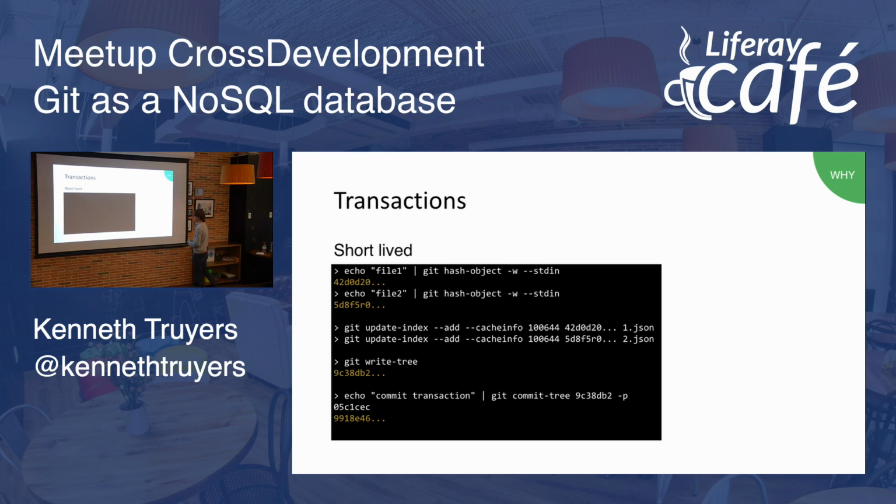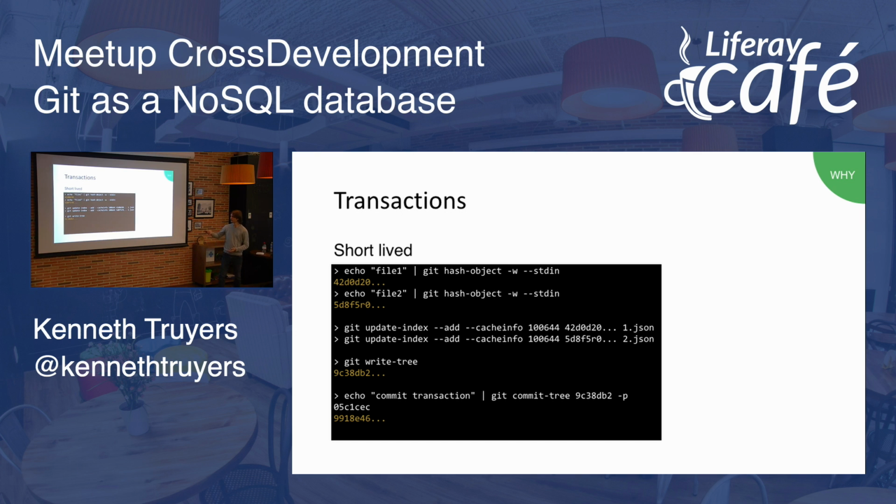Then we have transactions. So you have transactions in SQL. We can do transactions as well, the short-lived ones, which are very similar to the ones we have in SQL. We can write multiple blobs to the system and then add all those blobs to a tree. And at this point we can decide to just do nothing, and nothing will be entered into the database.